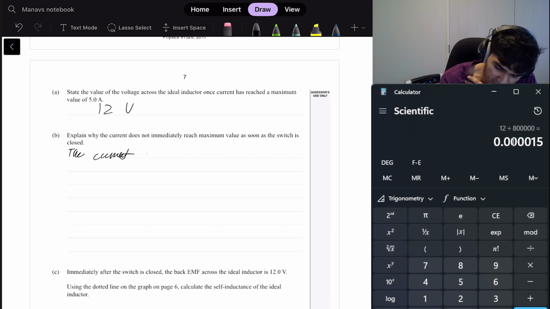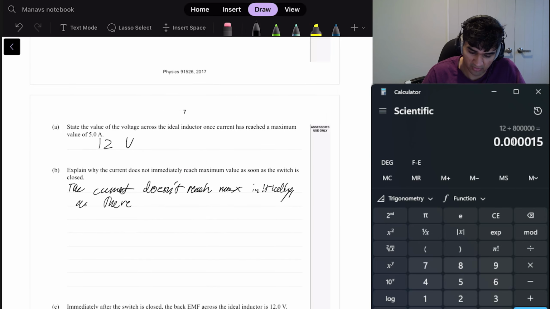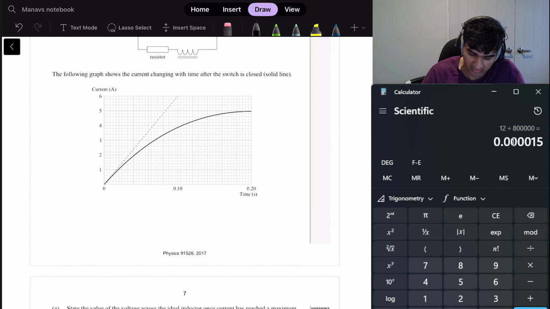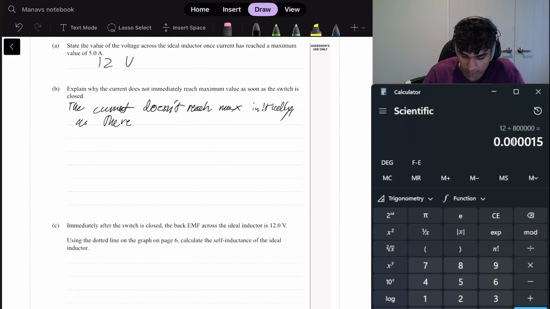So the current doesn't reach max initially, as there is a large change in current, because initially there was zero current being added to the circuit, and then there's just out of nowhere current flowing through the inductor.